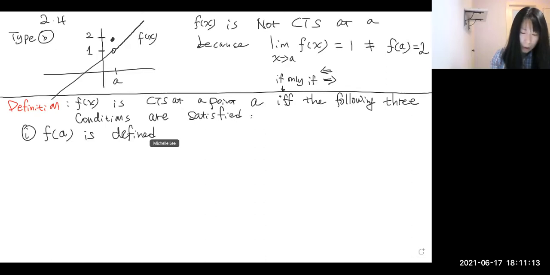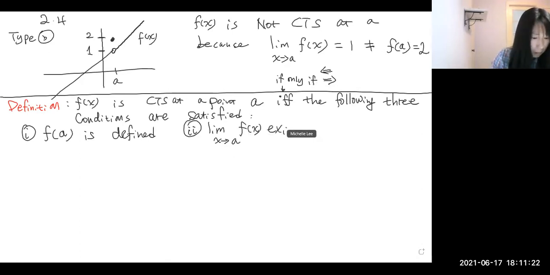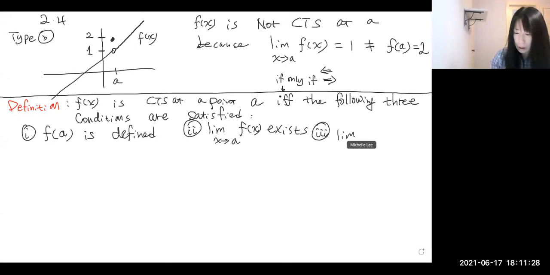Second one, the limit exists. Third one, the limit is the same as f of a, all right?